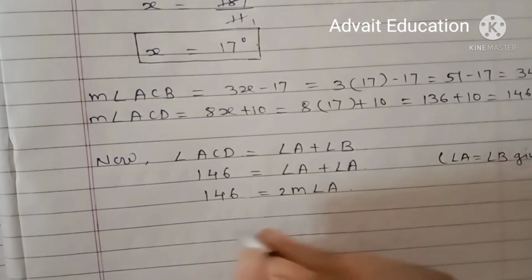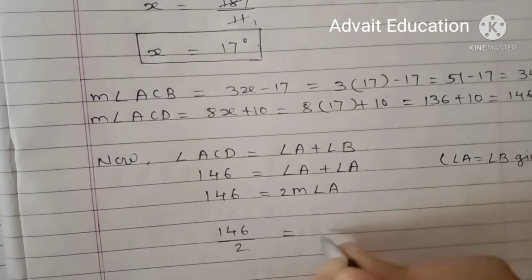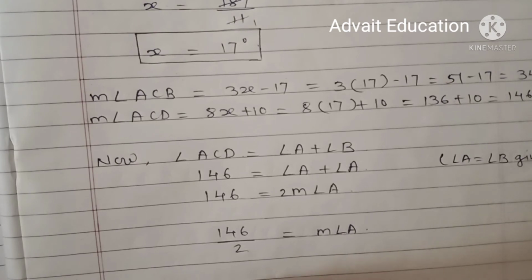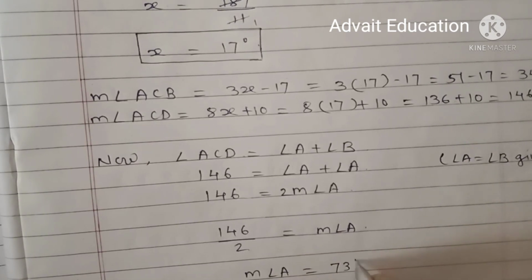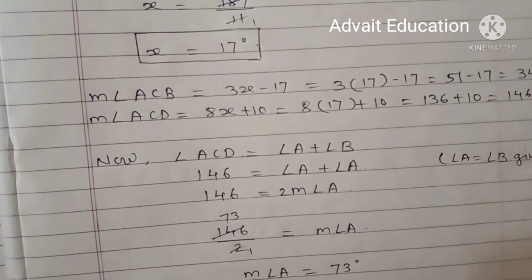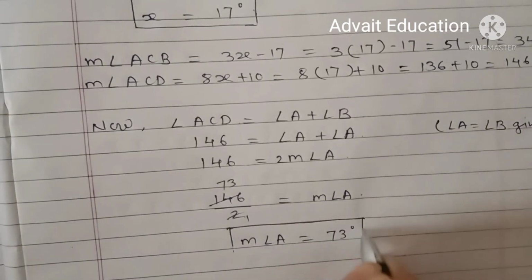This 2 will get divided here, means 146 divided by 2 is equal to measure angle A, means measure angle A is equal to 73 degree.